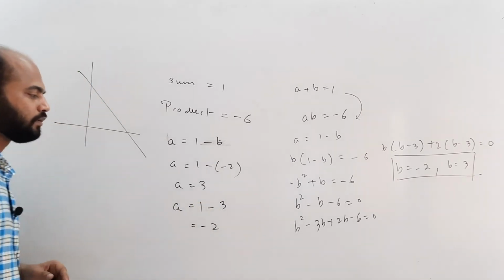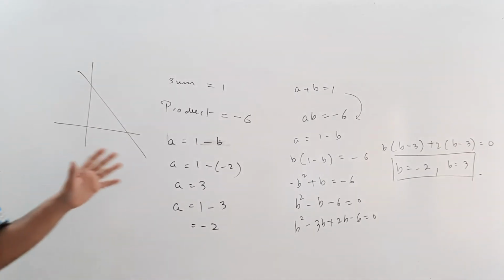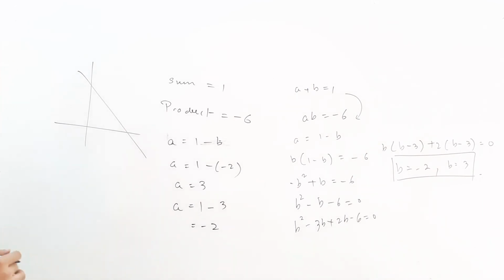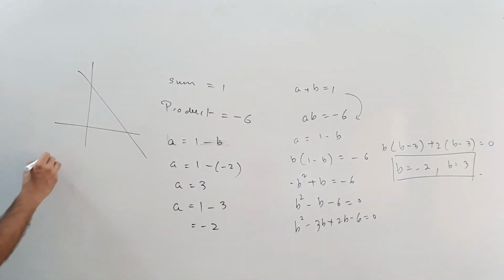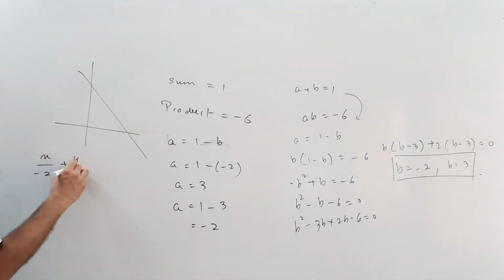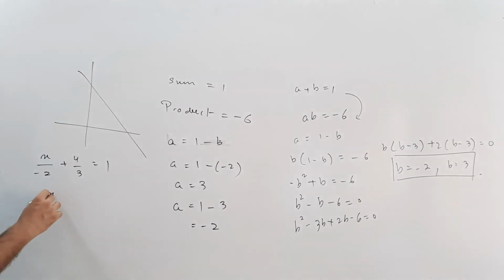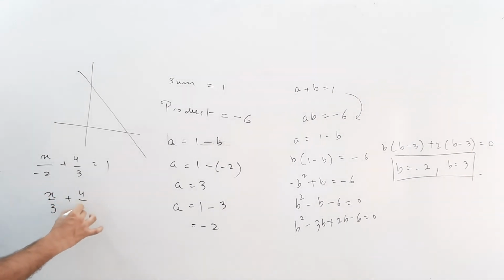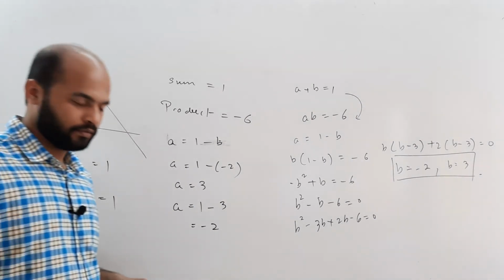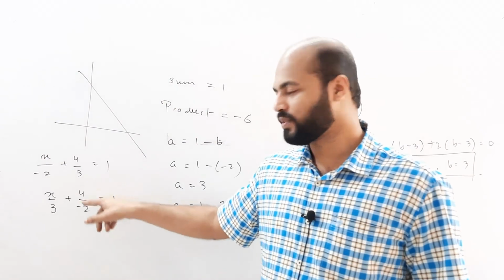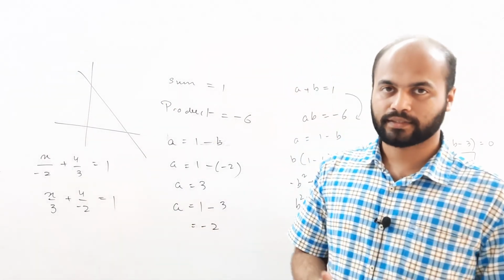So basically you can say that these intercepts can be interchanged in this case because of the given equation. So with the first option I can write x by minus 2 plus y by 3 is equal to 1. This can be one equation, or the other equation can be x by 3 plus y by minus 2 is equal to 1, because both the equations would satisfy the given condition, that is the sum is 1 and the product is minus 6.